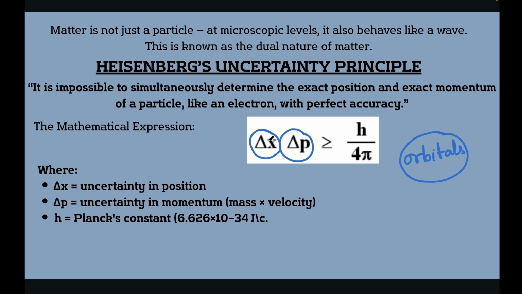We won't go deep into its mathematical derivation today because it is based on advanced wave mechanics and beyond our current syllabus. So for now, we will focus on understanding what it means. It is impossible to simultaneously determine the exact position and exact momentum of a particle, like an electron, with perfect accuracy.